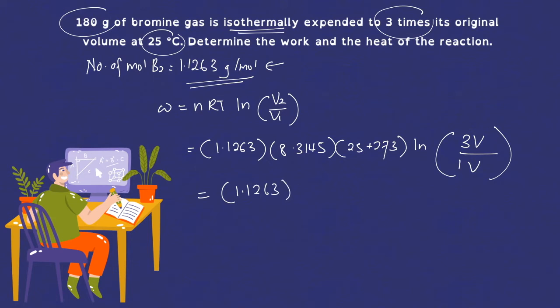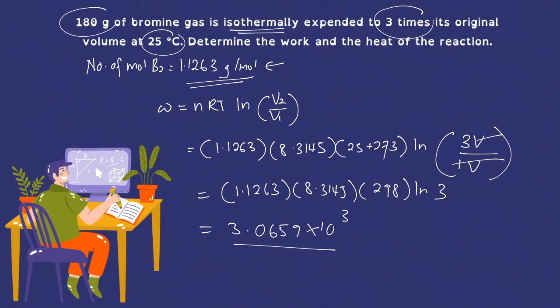So 1.1263 times 8.3145 times 298 times ln 3. Okay, so you will get 3.0659 times 10 to the power of 3. Okay, this is the work.